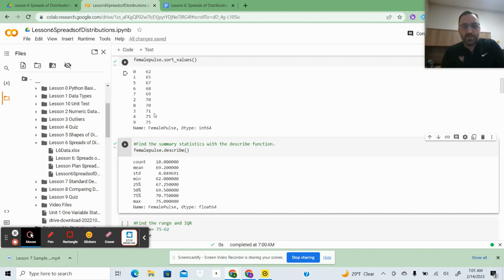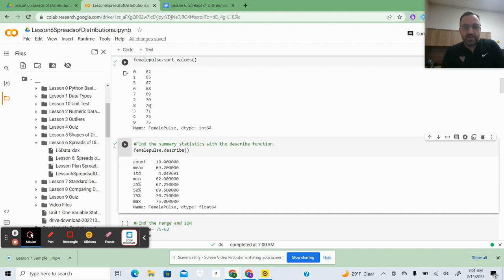The next thing that we do is we can find our quartiles. So we're finding the difference between the values here, which is 67 and 68. So you take 67 and 0.25 times the difference between 67 and 68. So that's going to be 67.25.